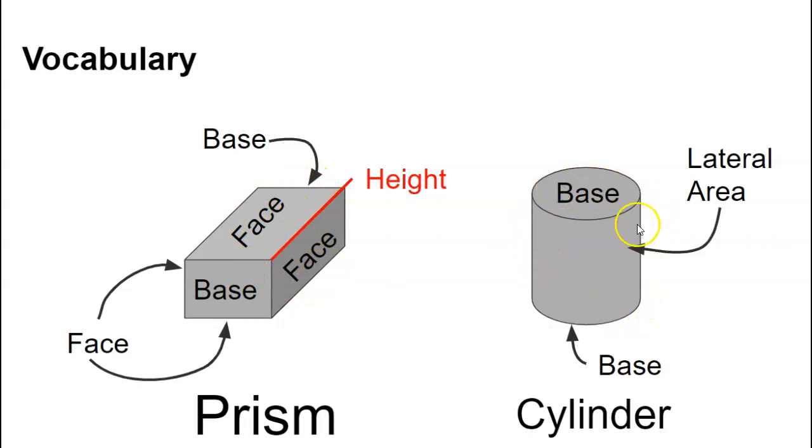There's just one rectangle connecting the circles wrapped around. Think about it as like a label on a can. And this is called the lateral area. You'll also see lateral area used to refer to all of the faces of a prism. But with a cylinder, it's more important because there is just one face wrapped all the way around it, that lateral area.